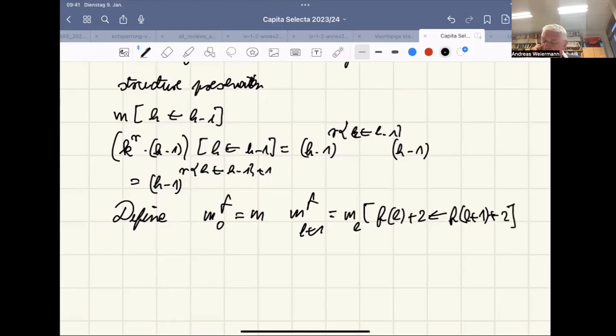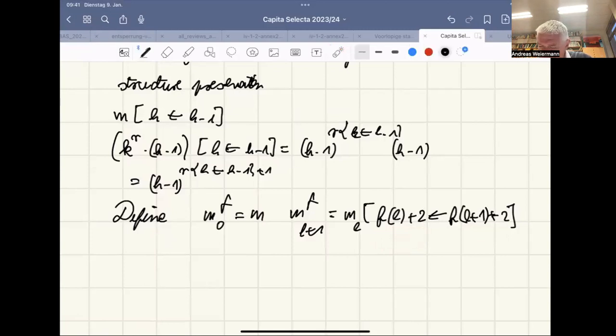I assume you can guess what this notation refers to. So I go into the F(L)+2 normal form and replace everywhere this number by this number, where the base occurs in the exponents and also in the remainder.